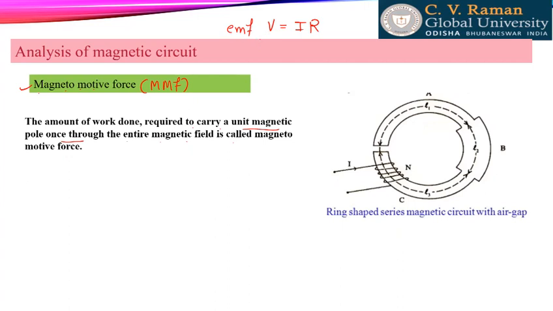In electrical circuit, what is the function of voltage? It is moving the electrons in that circuit. Here also, the flux is moving in the circuit, and who is responsible for it?